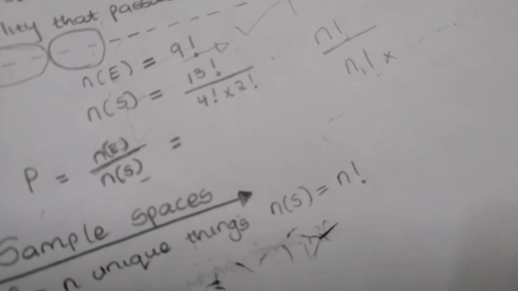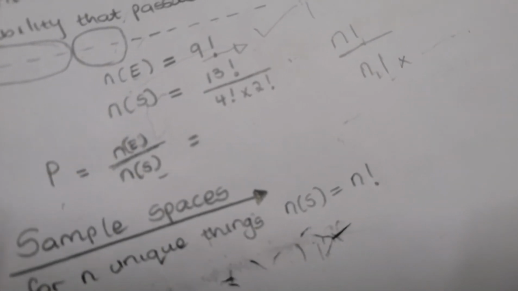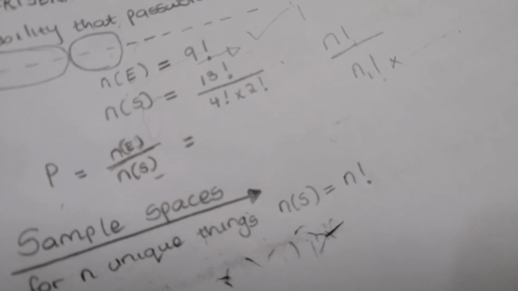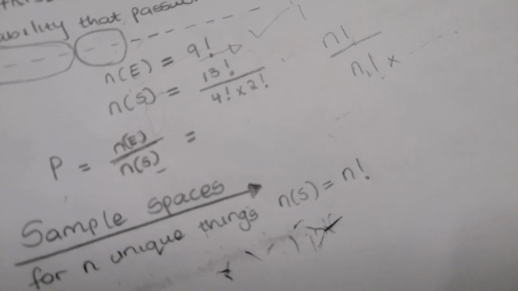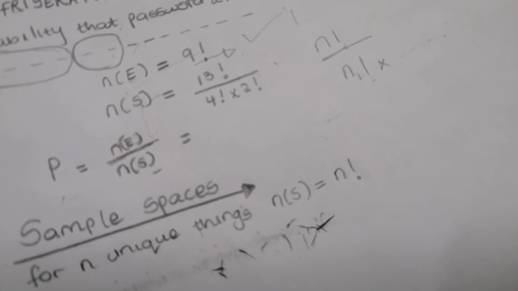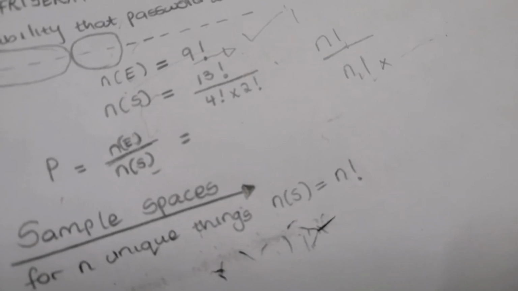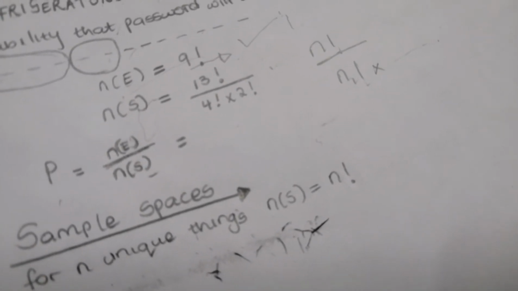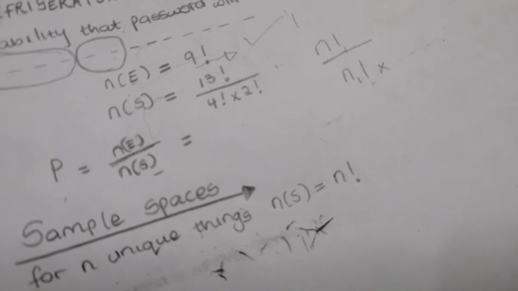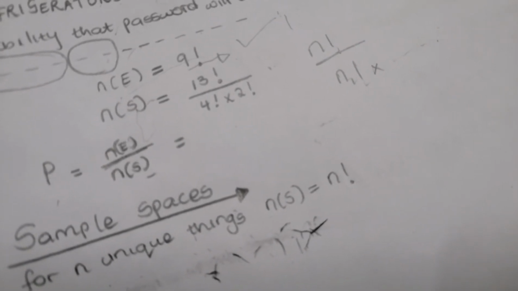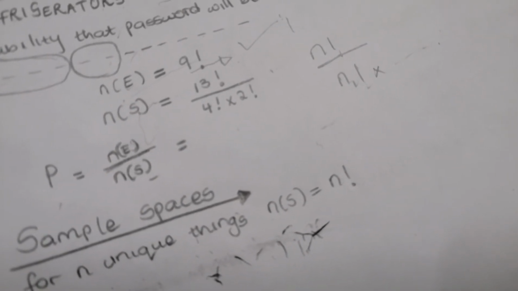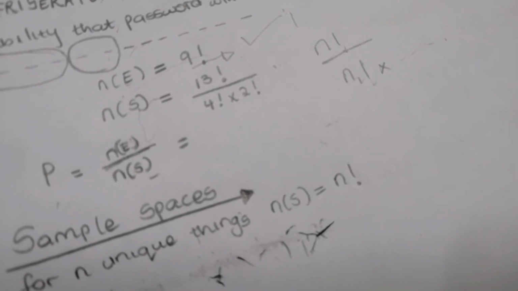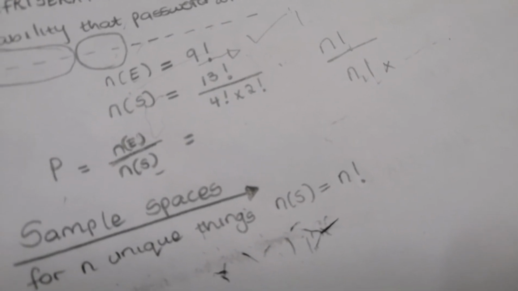So now I'm giving you the sample space, guys. The sample space for sharing identical things, you'll use the sharing formula. The sample space for sharing different things, and for partitioning, will be k to the n, right?